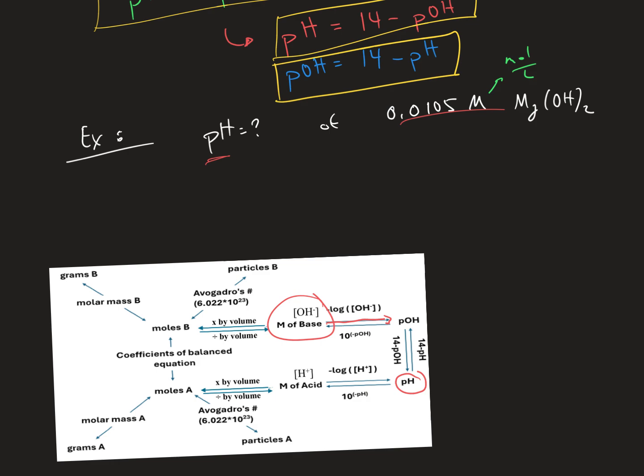That means we have to know the OH concentration, right? So first step, determine what the OH concentration is. You following? And then, once we have the pOH, we do 14 minus the pOH to get pH. Well, 3 steps, because we have to find the OH first, right?